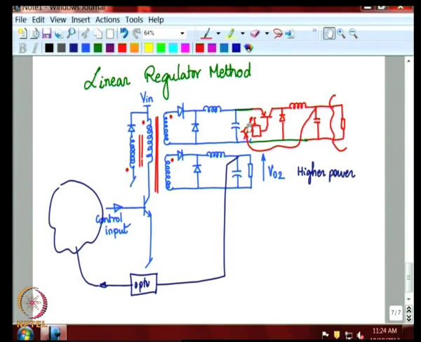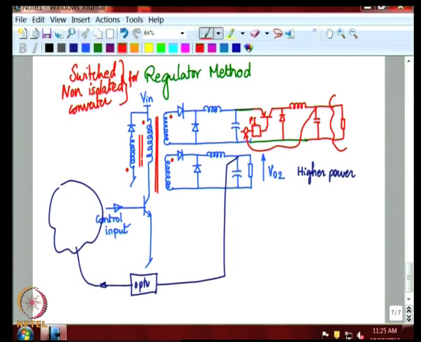So, this is a local regulation, and such locally regulated converters are basically called switched non-isolated converters for regulating the output. So, this is the second method that we saw.